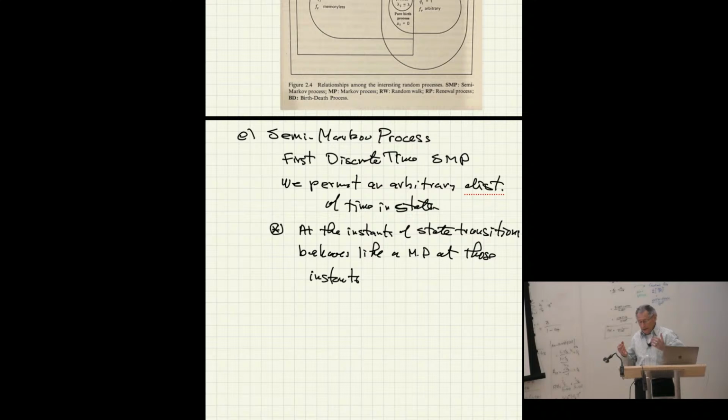Now, what do I mean by that? In the case of a general semi-Markov process, if I tell you what state you're in, that helps predict the future. If I tell you how long you've been in that state, that may also help you. It's not memoryless necessarily. But when you jump from one state to another, how long have you been in that new state at the instant you jump?